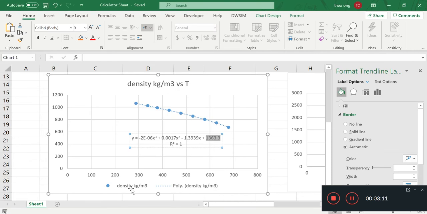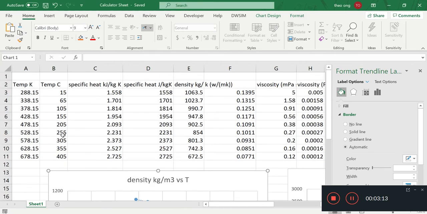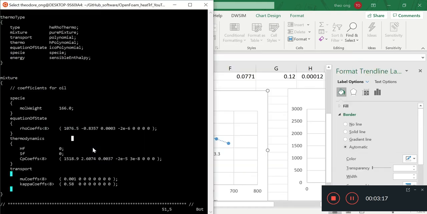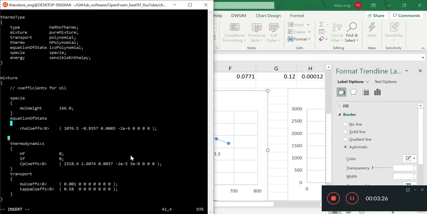This is valid from 15 degrees all the way to 405, so that's pretty good. Maybe I'll put a mark there. It says valid from 15 degrees C to 45 degrees C.